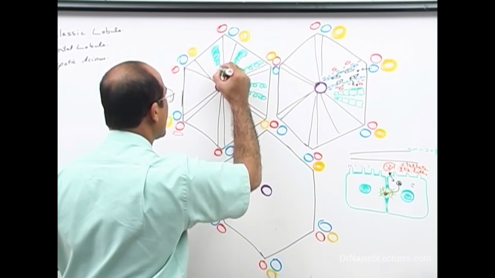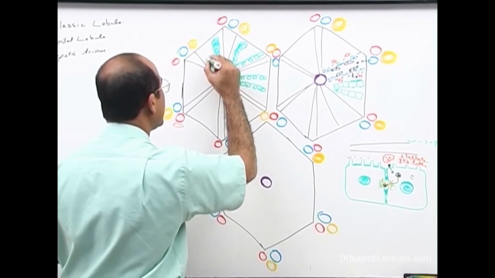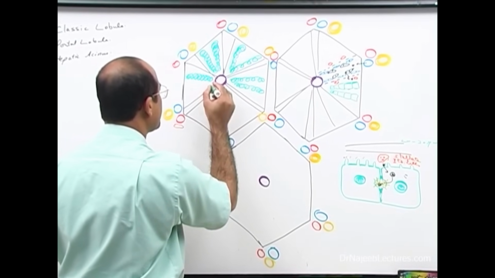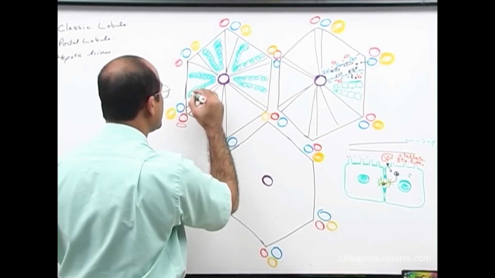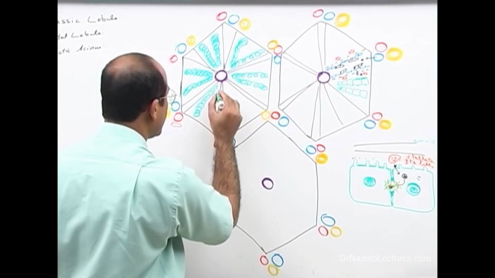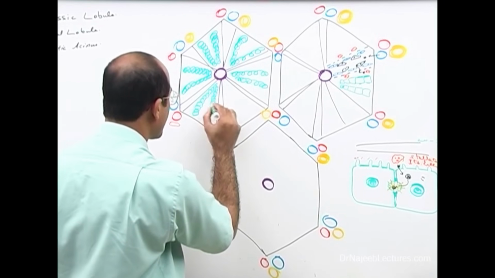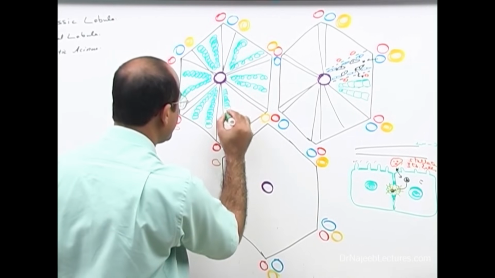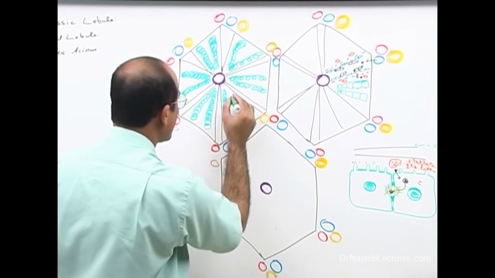Hepatocytes are small cells or large cells? They are large cells, and they have specialized surfaces. One surface is towards the space of Disse, which deals with the substances coming into the blood. The other surface is making, what is that? Biliary canaliculi. Is that right?